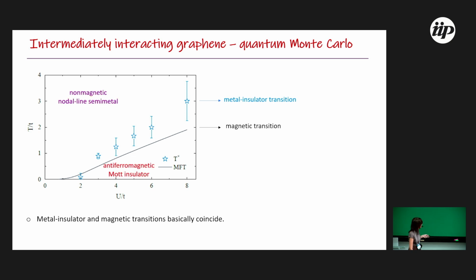So, which indicates that in fact this is the critical line that determines the transition between a non-magnetic nodal line semi-metal for low enough U and high enough T to an antiferromagnetic Mott insulator where you have this opening of an insulating gap from interactions, although your band structure is that of a nodal line semi-metal. So that's the phase diagram that we can extract from this investigation.